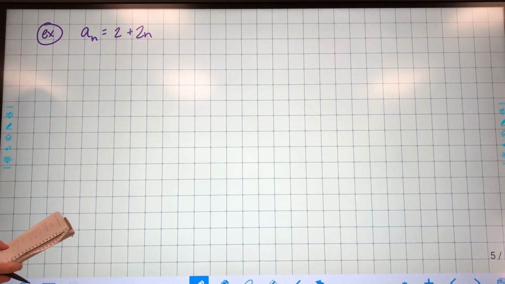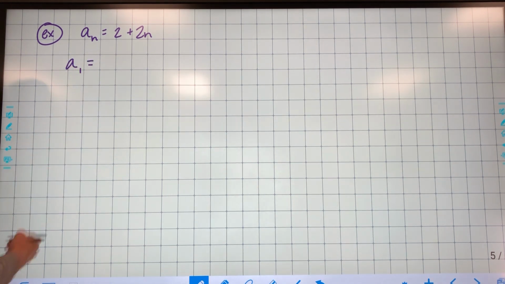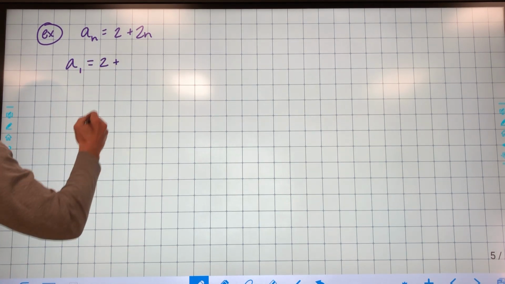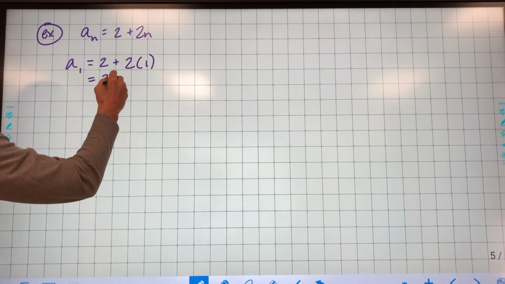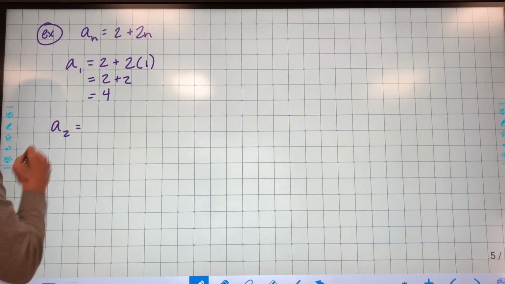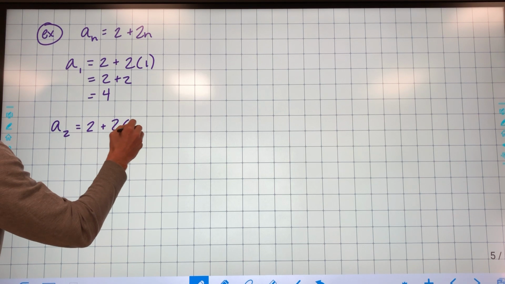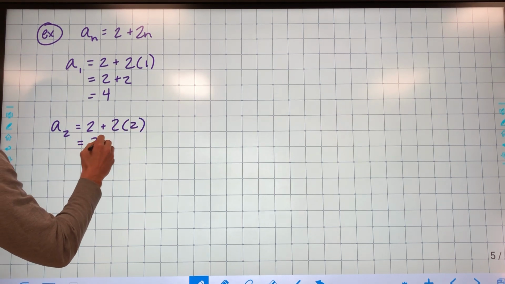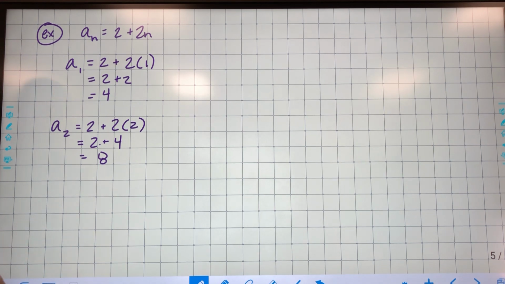Let's find out what this sequence looks like. The value of the first term is going to be 2 plus 2 times 1. So that's 2 plus 2, so that's 4. The value of the second term is going to be 2 plus 2 times 2, which is 2 plus 4, which is 8. I'm sorry, 6.